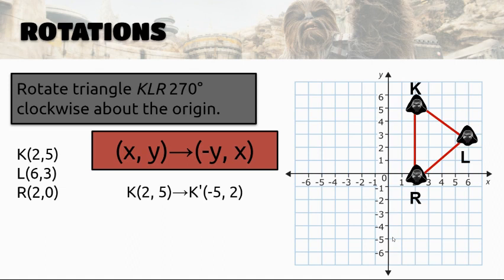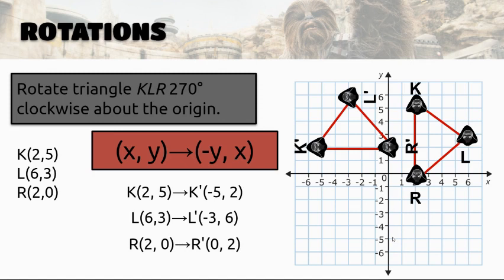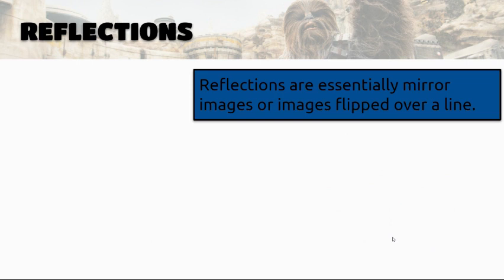We flipped x and y. So 5 went into the x position, 2 went into the y position, and then the original y was 5, I made it negative. Same thing for L and for R. I can plot it. It gets in the same position. I still think it's easier to physically turn the paper, but if you would like to use the rules, you're more than welcome to.